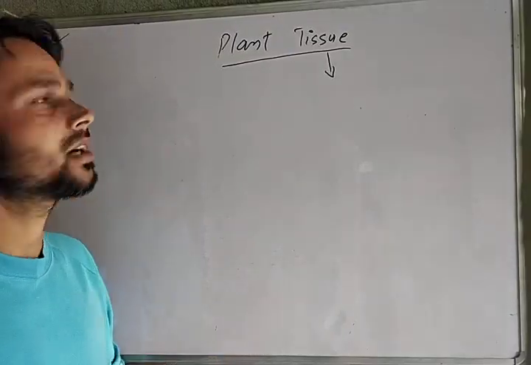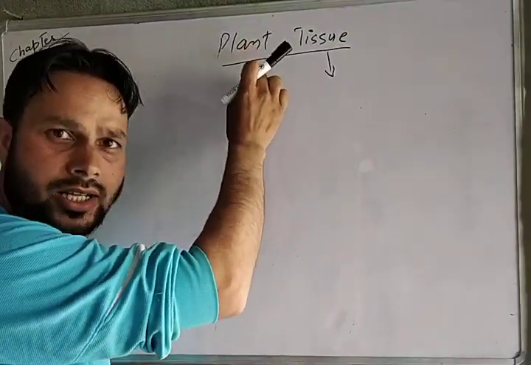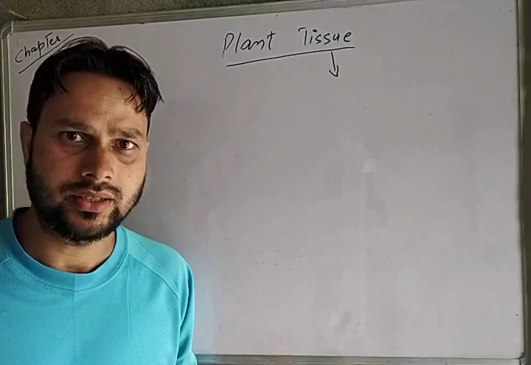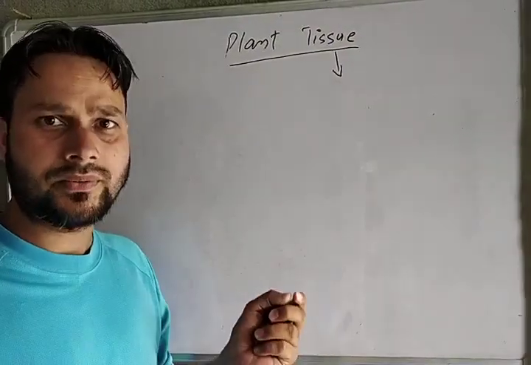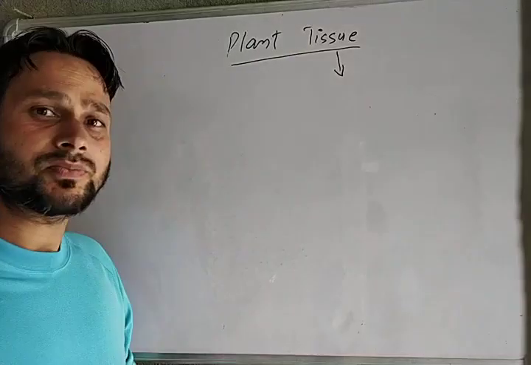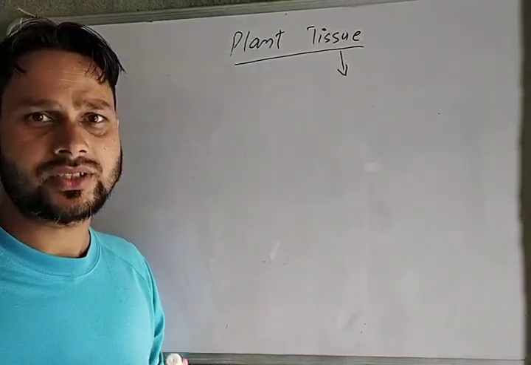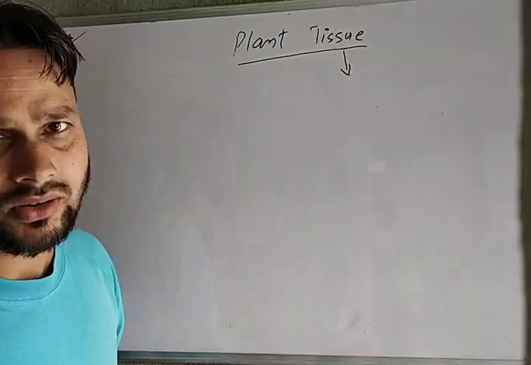We are aware that higher plants have complex organization. There are different types of cells performing different functions. But these cells perform these functions in clusters, and these clusters of cells are called tissue.